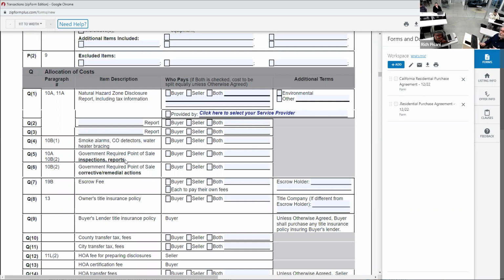I'm going to tell you a story about reports. There was an agent in one of my offices who was selling in an area, the city of Bell, that they weren't familiar with. Bell has a pre-inspection report that needs to be done.